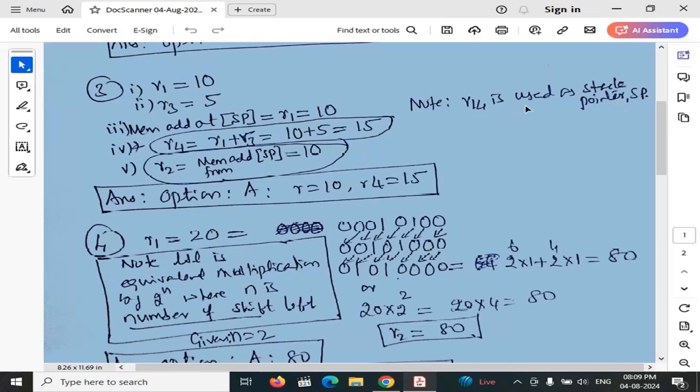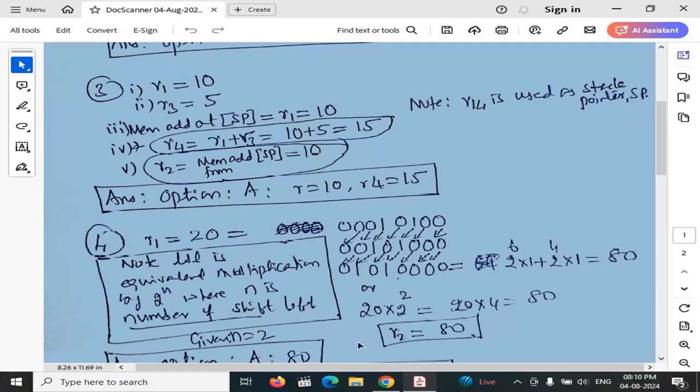Now the fourth instruction adds the content of R1 and R3 and stores the result in R4. So R1 plus R3 is 10 plus 5, equal to 15. Therefore R4 equals 15.